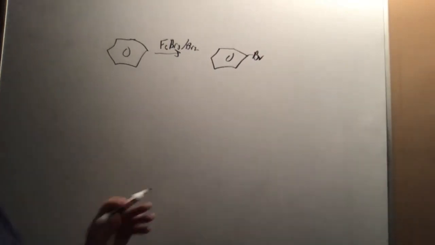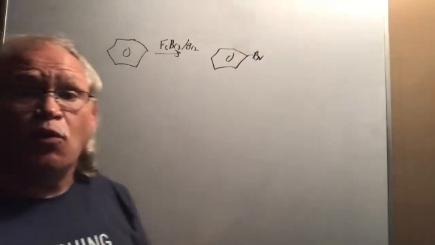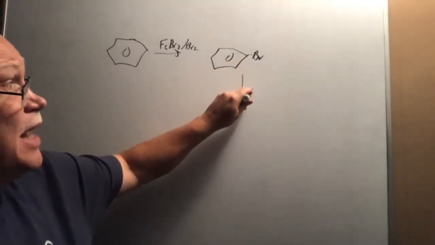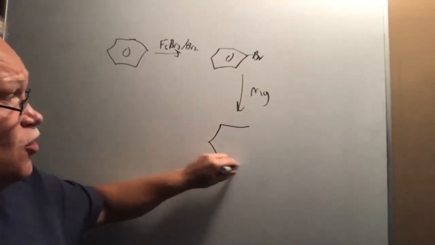Didn't we learn that in the last section on the first part of chapter 17? Anytime I have a bromine anywhere in there, remember, I can take and react that with magnesium and get a Grignard reagent.